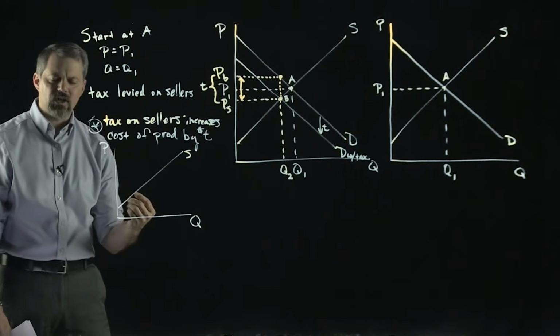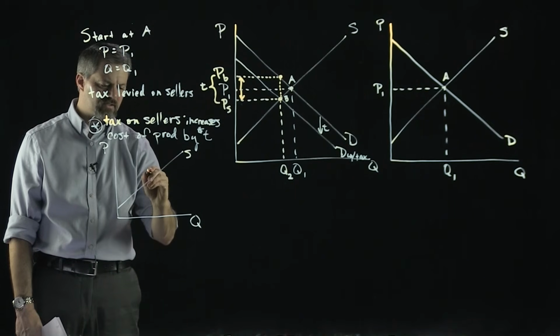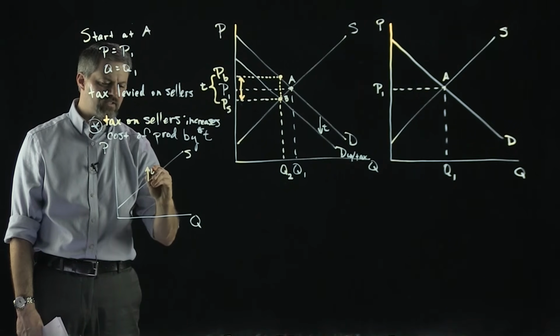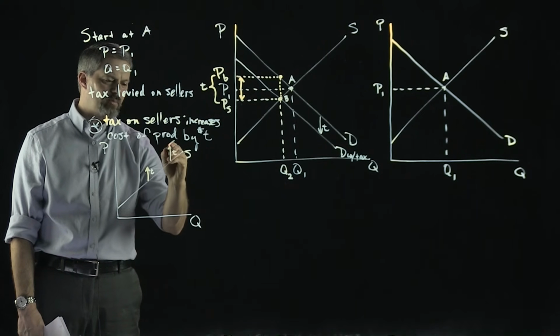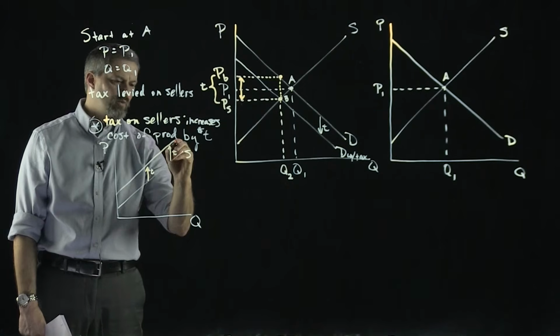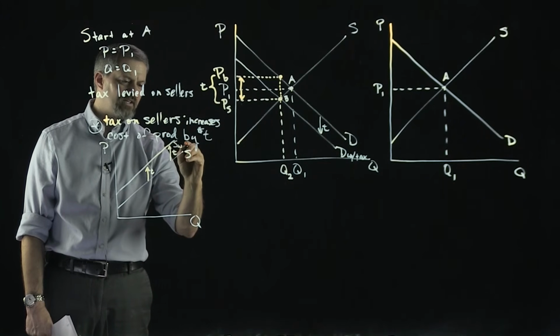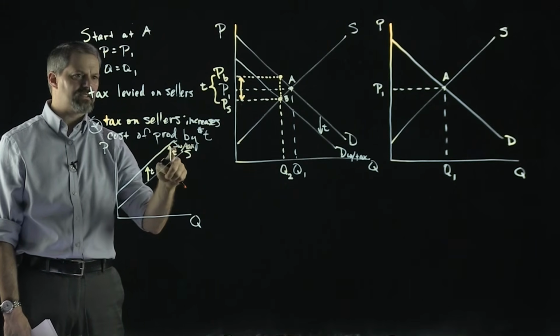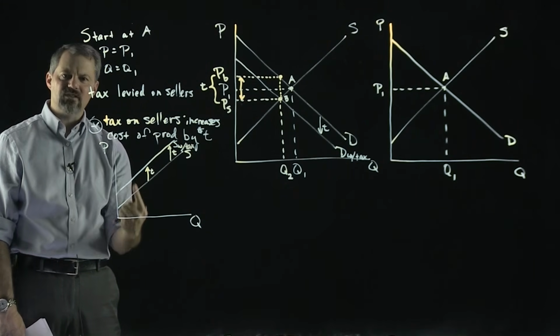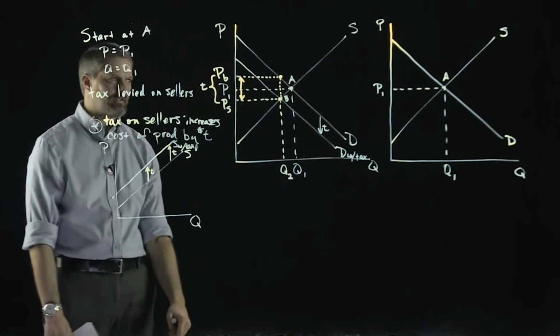Well, if the cost of production is going to increase by T dollars, then that means every place along this supply curve, it's going to shift up by T dollars. So the supply curve with the tax is going to be T dollars higher than the original supply curve.